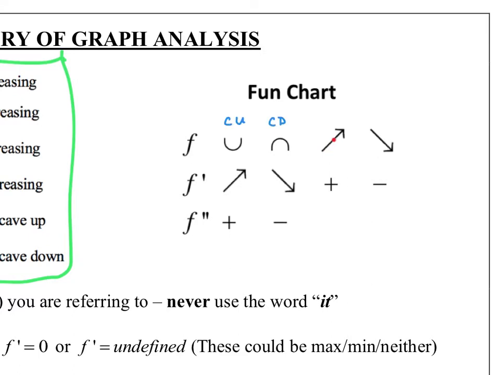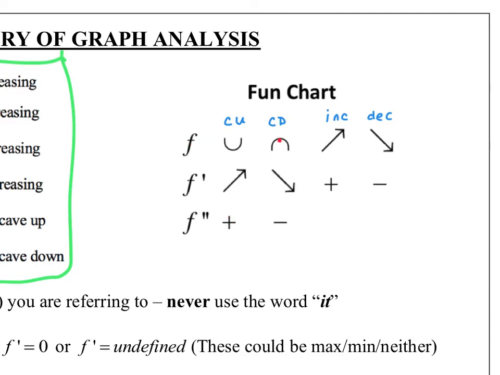And the symbol here means increasing, and this means decreasing, and of course a plus means positive and a minus means negative. How this information is lined up in rows and also in columns is important. So when you write this, you'll want to line it up exactly like this. And what this is telling us is that when f is concave up, f prime is increasing, and f double prime is positive.